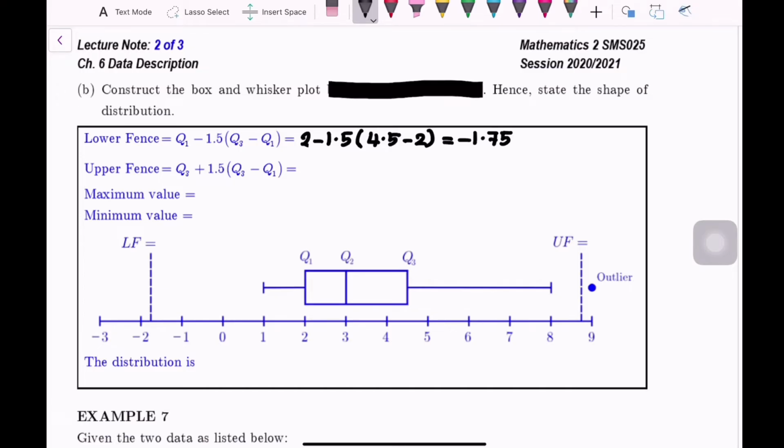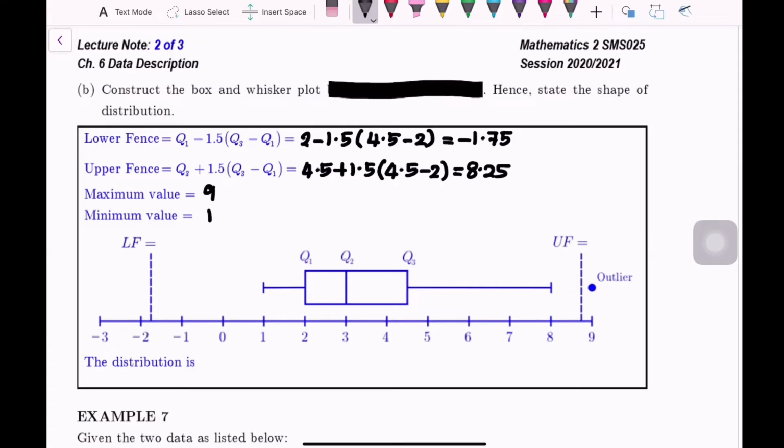Next, the upper fence is 4.5 plus 1.5 times 4.5 minus 2, which is equal to 8.25. The maximum value is 9 and the minimum value is 1.